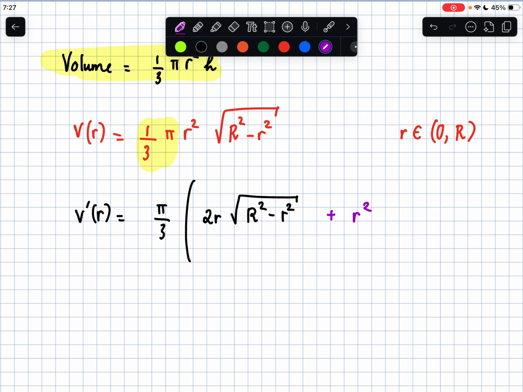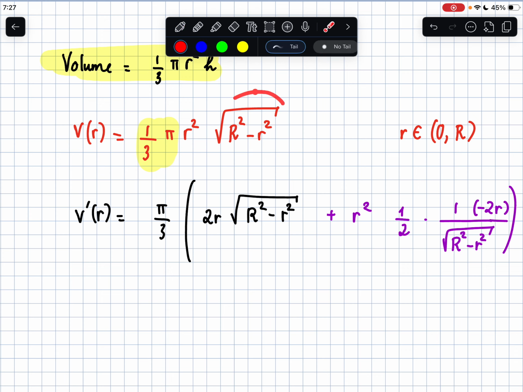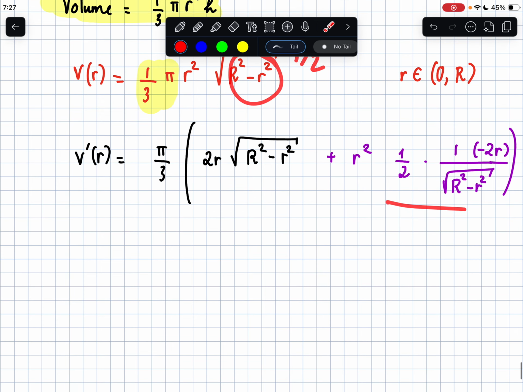So 1/2 times 1 over square root of R squared minus r squared times minus 2r. Remember that you can think of this as R squared minus r squared to the power one half, and then you get this.